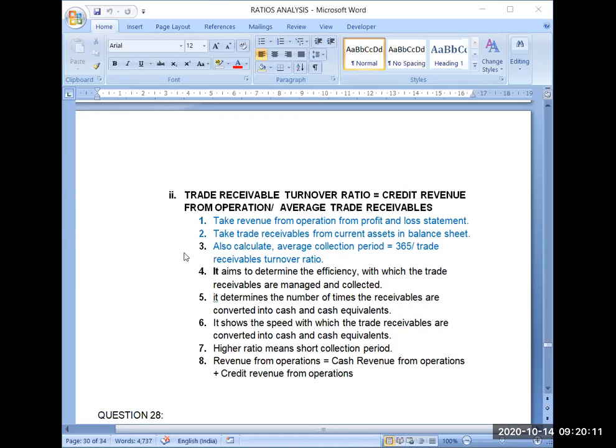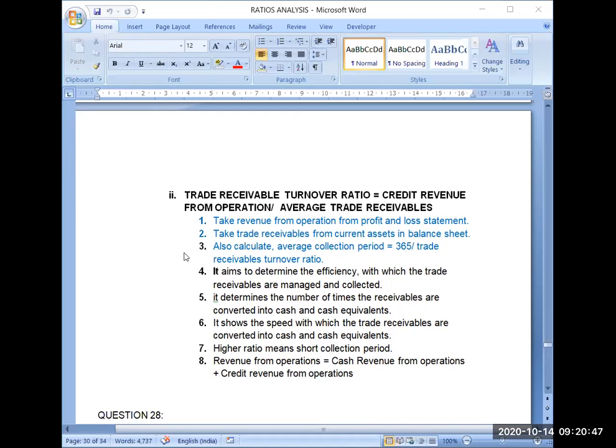How efficiently you are collecting, how efficient your policies are, how you are managing your debtors so that it should not become bad debts or there should not be any late payment. It determines the number of times the receivables are converted into cash and cash equivalents during the year. It shows the speed with which the trade receivables are converted into cash and cash equivalents.